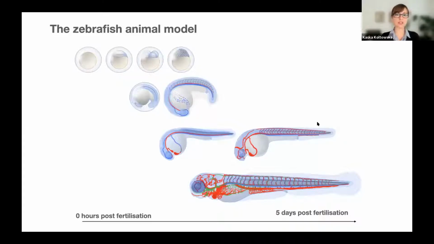In addition, these embryos are transparent, so you can utilize transgenic lines to visualize tissues of interest. And as you can see here at the bottom of the slide, at 5 days post-fertilization, most of the organs are being formed. So the digestive system, brain tissue, eyes, and so on are already established. So you can imagine this is quite a rapid development.